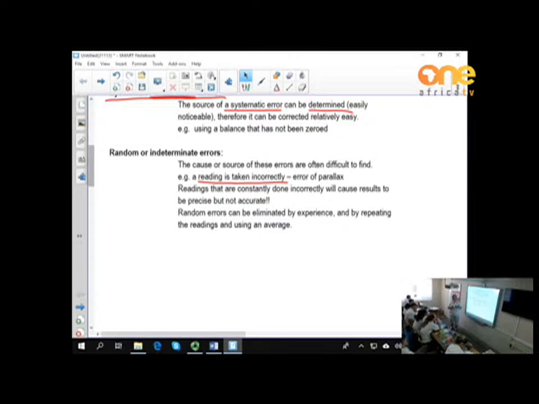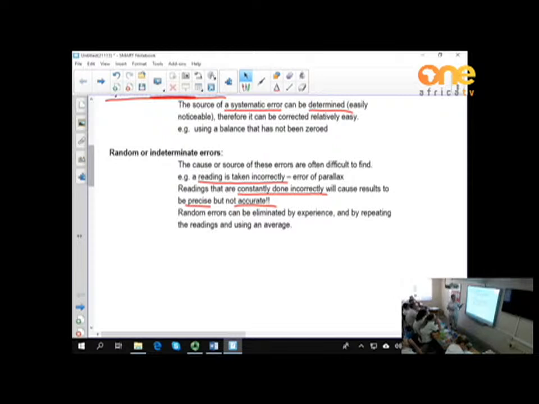But if you take a reading incorrectly now, and your next reading you read correctly, and the one after that is correct, and the one after that is incorrect, it's going to be very difficult to get a decent set of readings. Readings that are constantly done incorrectly will cause the result to be precise but not accurate.